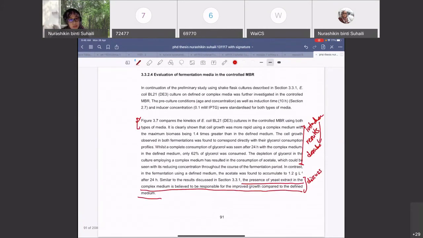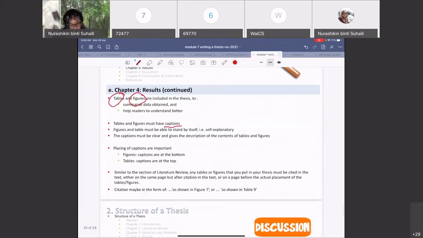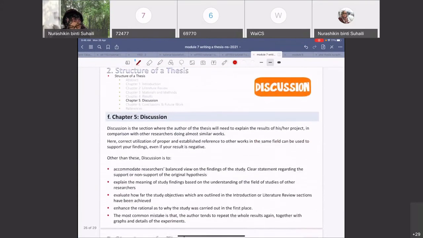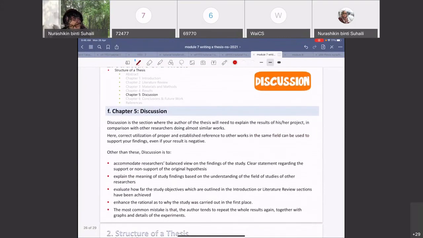But when you say discussion, you try to relate the possible reasons, and also you can relate with other works. Okay, so I want to emphasize that here. Right, so that is about results. Discussion is a section where the author will need to explain the results of his or her project. Okay, so please don't forget the element of discussion.